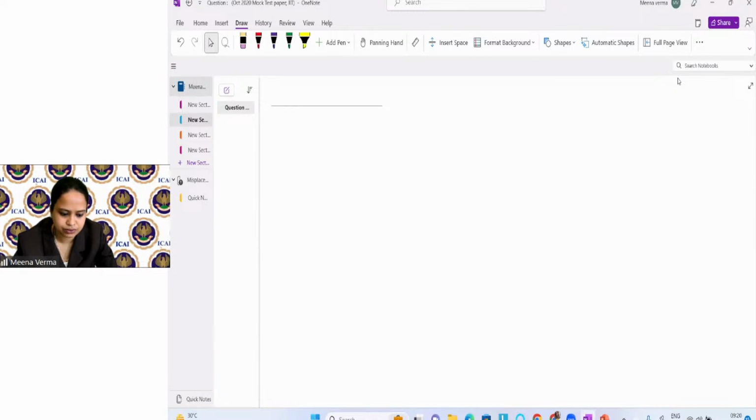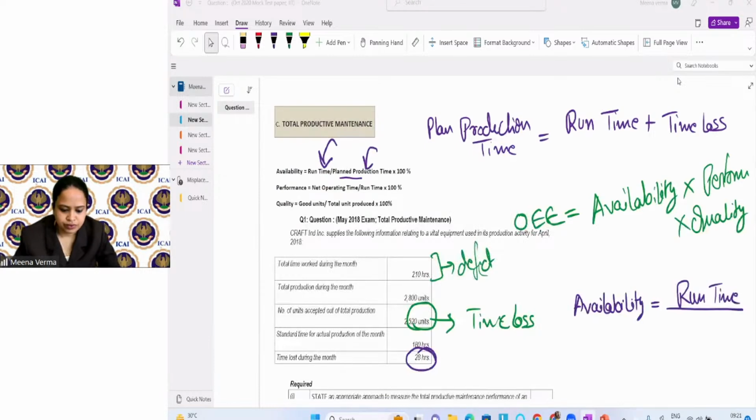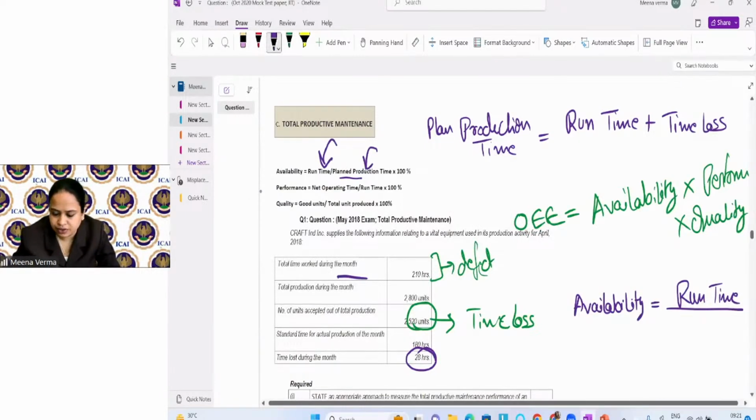So the total time to work during the month, I mean, the run time here is 210 and the downtime is 28. Operation time is what?